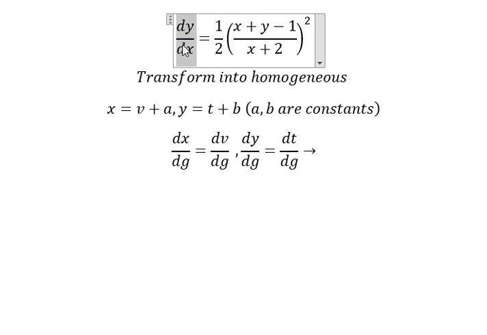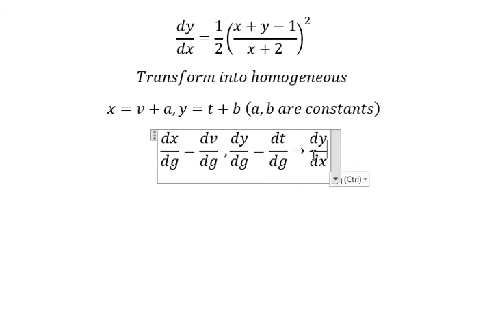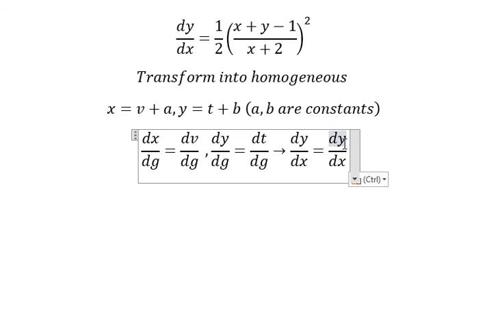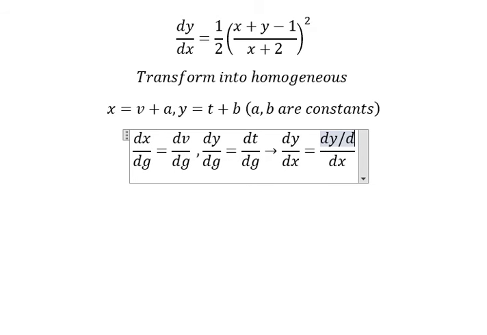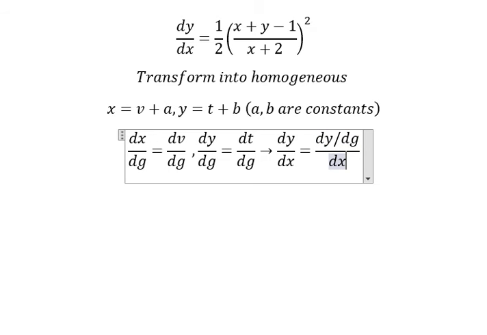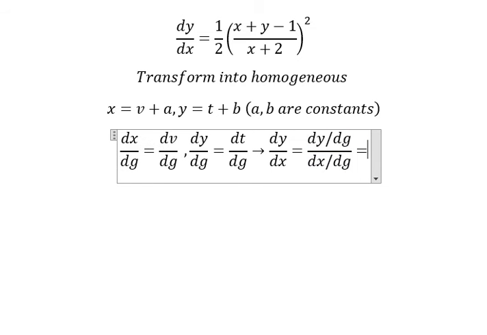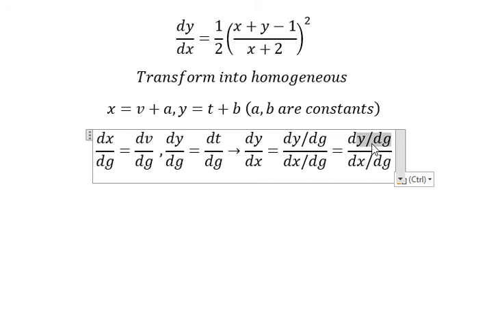Next, about this one, we can change into dy over dt, and this one dx over dt. So this one we change by this one, and dx we change by dv.